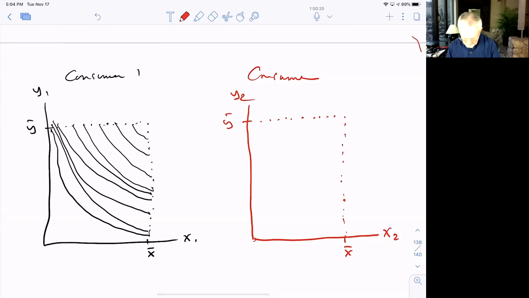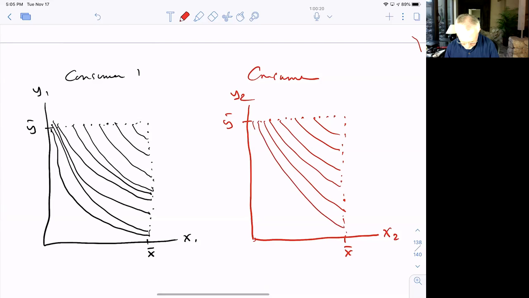I'm only going to worry about consumer two's tastes and preferences as they apply to what's available here. So there's consumer two's tastes and preferences. I can't let my indentures cross.